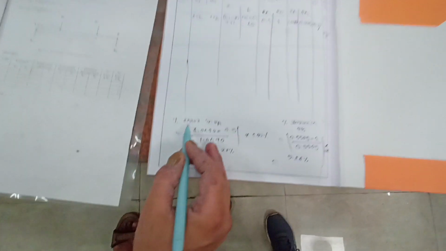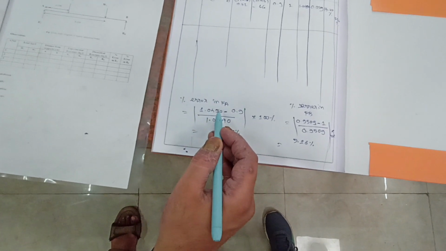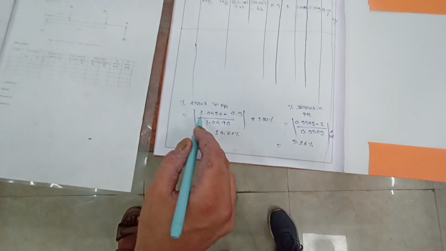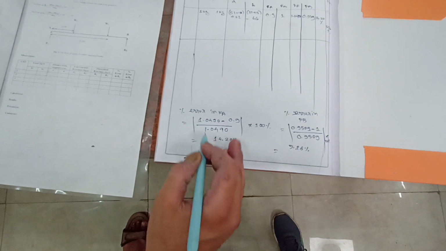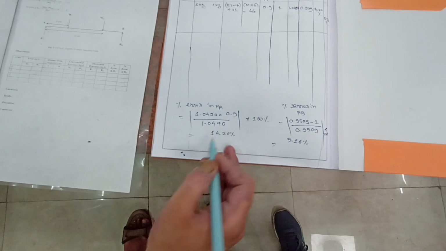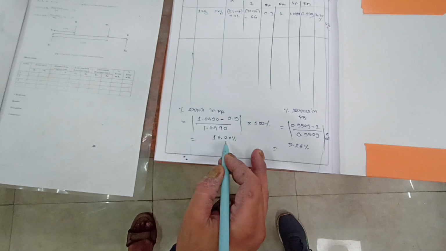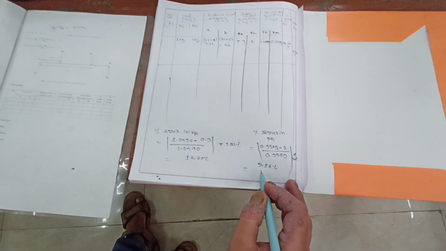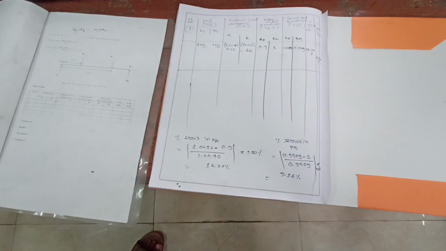Next is the percentage error in RA. We compare the experimental value with the theoretical value of 1.0490. For percentage error, in the case of RA we get 14.20%, and in the case of RB we get 5.16%. Thank you everyone.